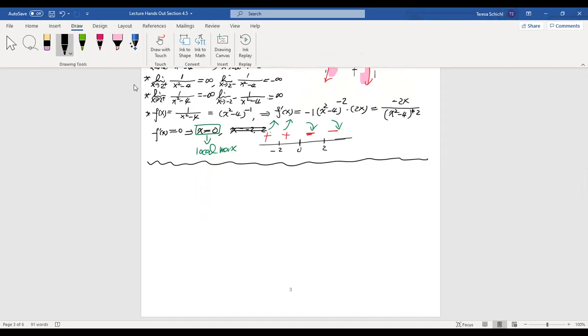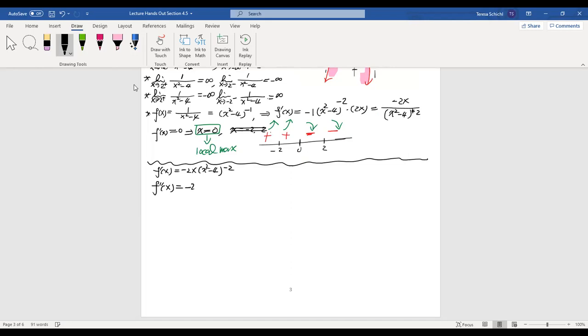The first derivative is here, right? So the first derivative f prime x is equal to negative 2x times (x squared minus 4) to the negative 2. Okay, so now my second derivative, I can use the product rule, right?